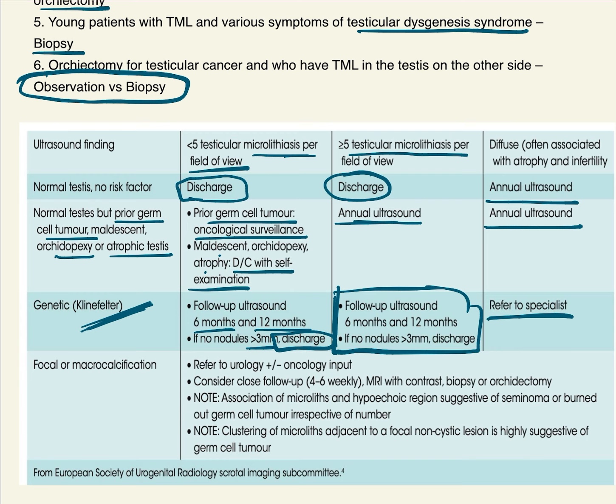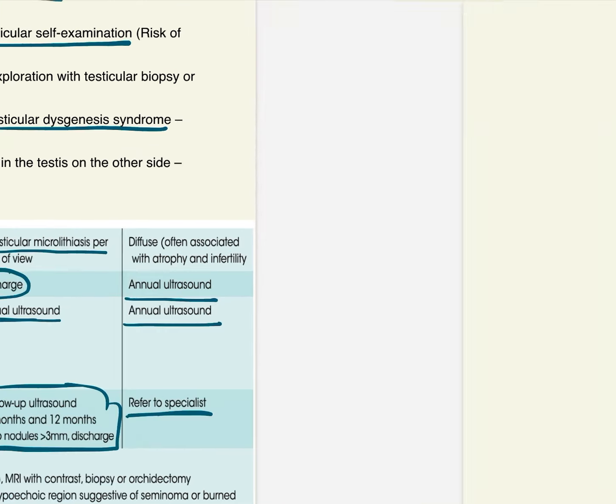When there is a focal or macro calcification that is associated with the testicular microlithiasis, urology or an oncology input is mandated, and a close follow-up of 4 to 6 weekly duration is considered, with a recommendation for either an MRI or a biopsy or orchiectomy. These are recommendations that are taken from the European Urogenital Radiological Scrotal Imaging Subcommittee.